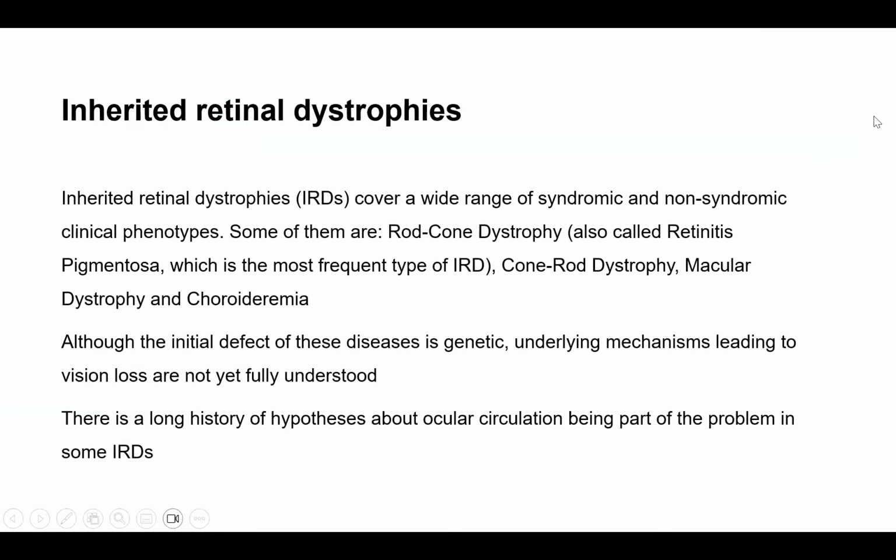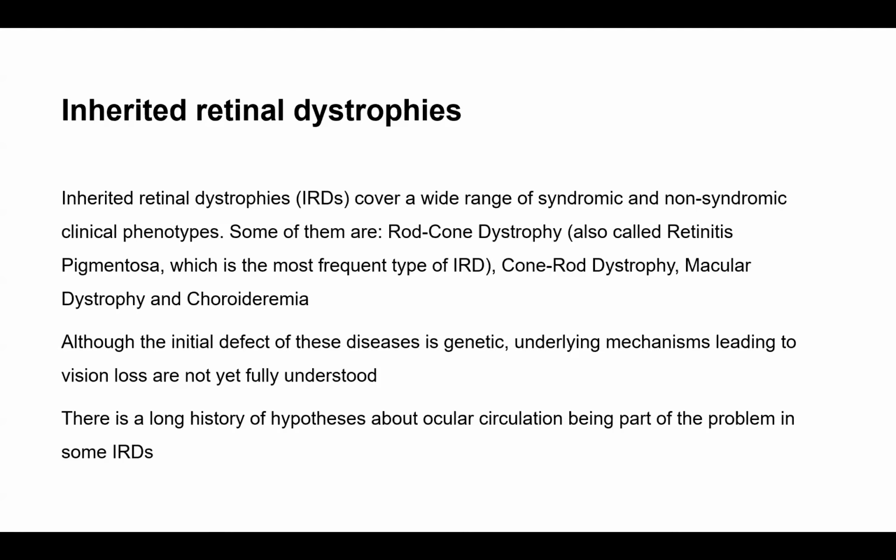Just a brief introduction. Inherited retinal dystrophies cover a wide range of syndromic and non-syndromic clinical phenotypes. Some of them are rod cone dystrophy, also called retinitis pigmentosa, which is the most frequent type of inherited retinal dystrophy, cone rod dystrophy, macular dystrophy, and choroideremia.